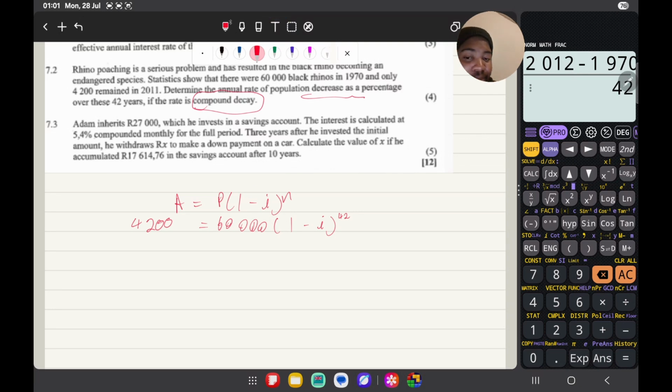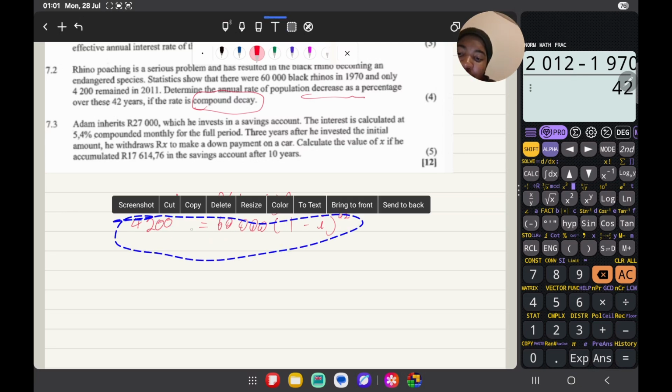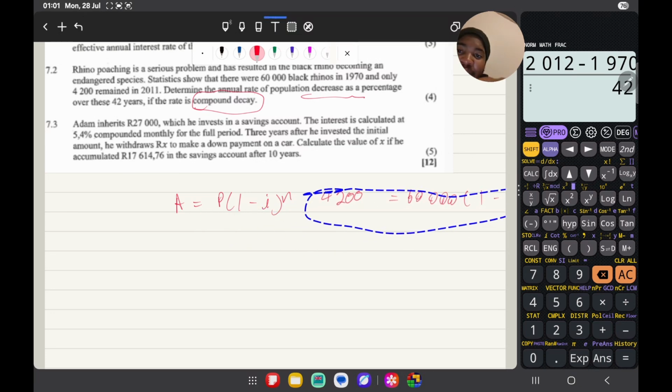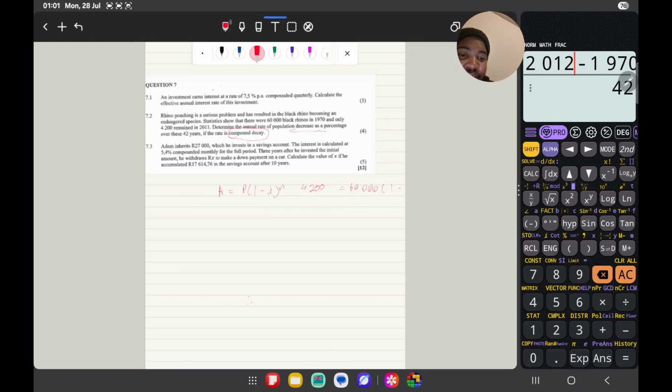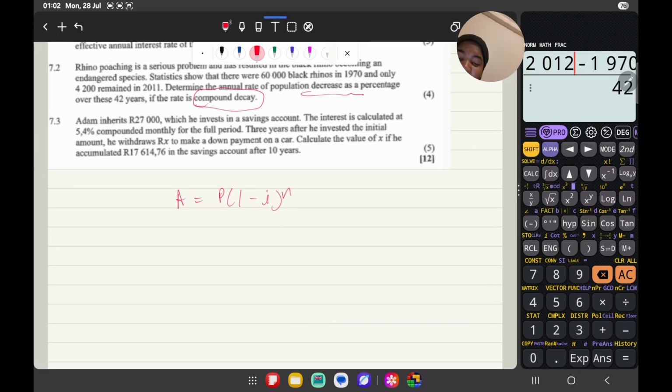So what we can do is divide by this. I want to write i as the subject of the formula.